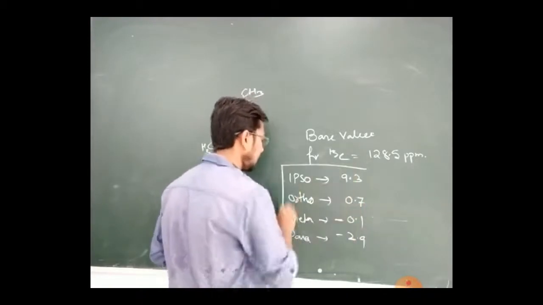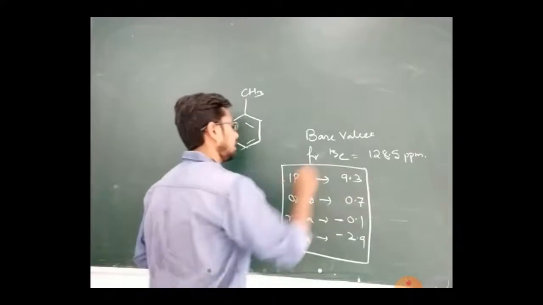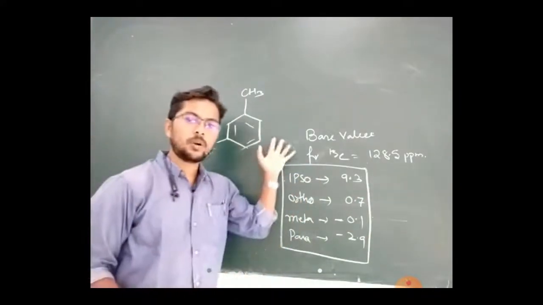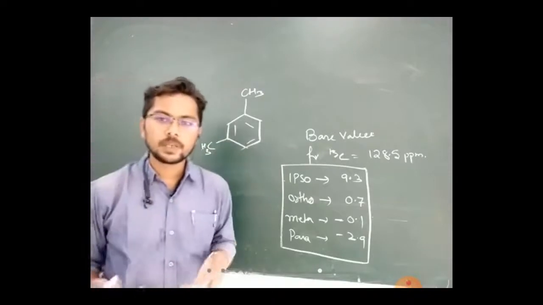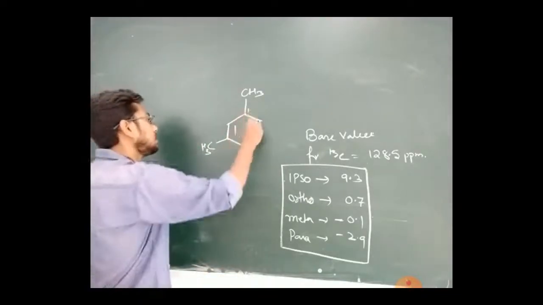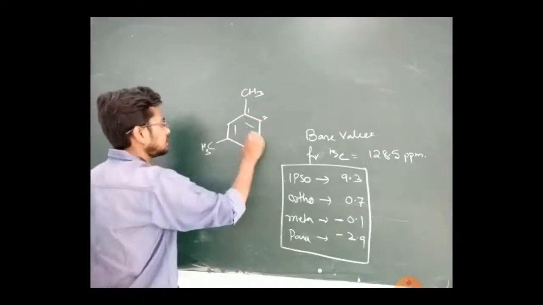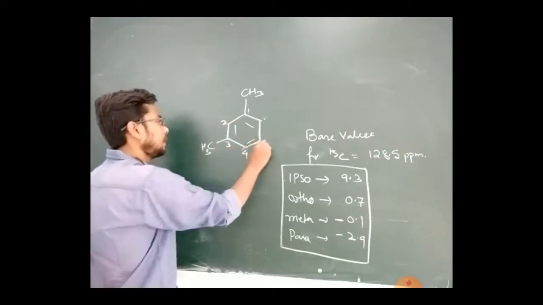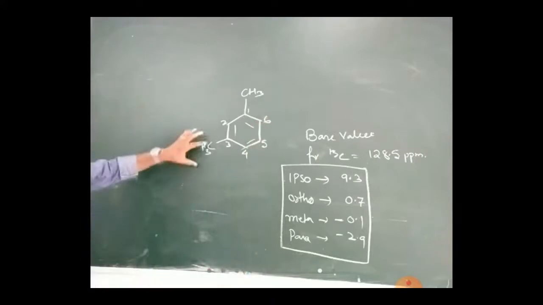Suppose this data is given to you, and then you have to predict in which particular range all the carbon atoms appear. If I ask how many signals, this is 1, this is 2, oh sorry, I have to do from here, 2, then 3, 4, 5 and 6. There are 6 carbons. Let's not talk about this one.